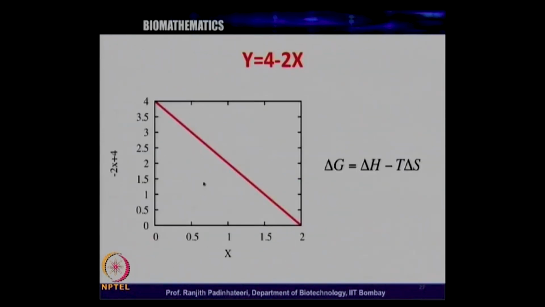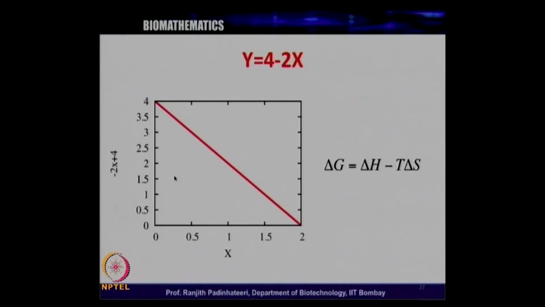Let us look at another example. Y is equal to 4 minus 2x. This example looks like delta H minus T delta S. So we have some value for delta H, which is 4, and minus 2x is like minus T delta S. If you plot this again, it's a function which decreases.